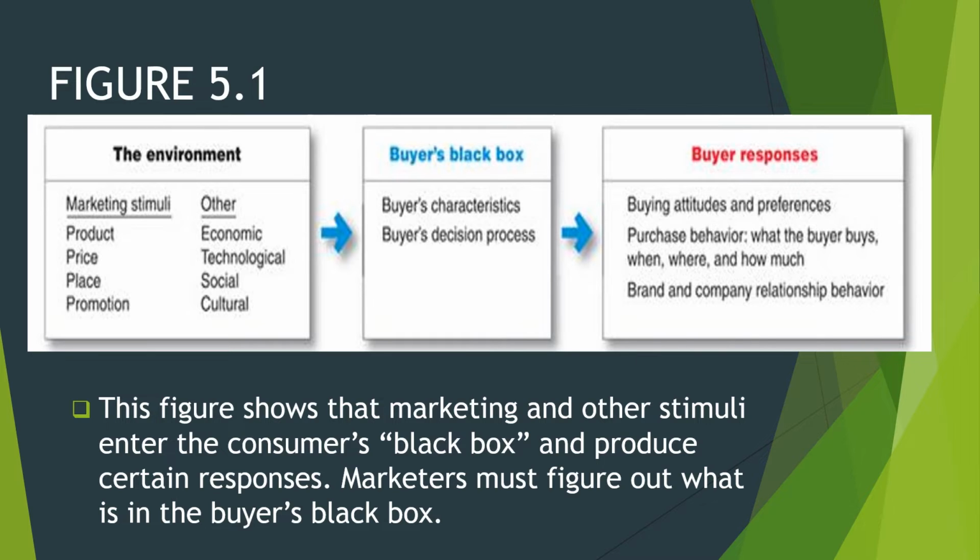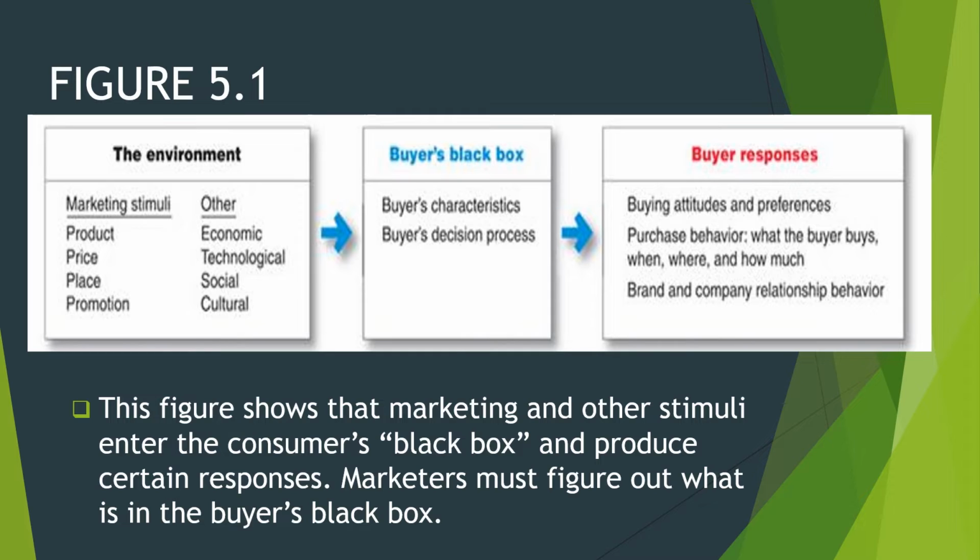In marketing stimuli is where the 4Ps belong. The 4Ps mean product, price, place, and promotion. While in the others, there are the economic, technological, social, and cultural.